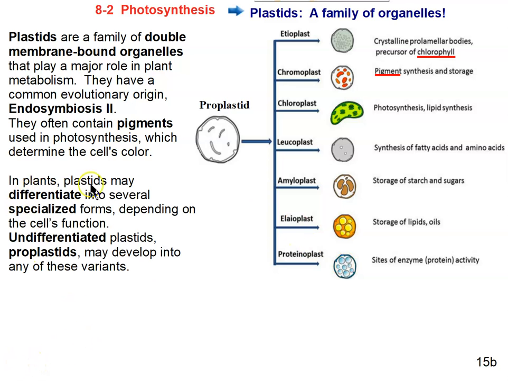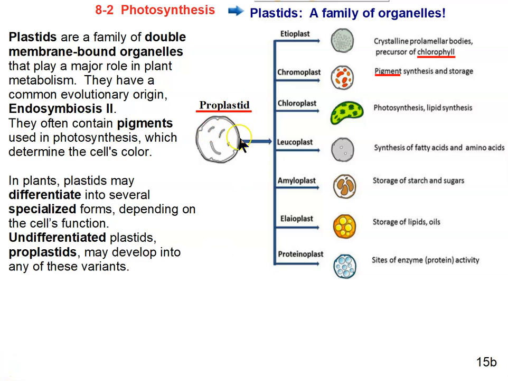So in plants, plastids may differentiate into several specialized forms depending on the cell's function. So it depends on what the cell does as to what plastids it's going to have. Undifferentiated plastids, that's this thing called a proplastid, may develop into any of these variants or any of these kinds of plastids.